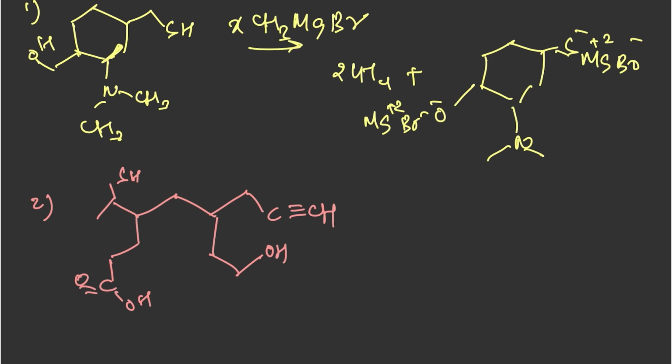Now let's talk about the third molecule. It needs more space. So here 4 molecules of Grignard reagent are required: 1, 2, 3, 4. All these sites are acidic. All these will show Zerewitinoff's reaction.